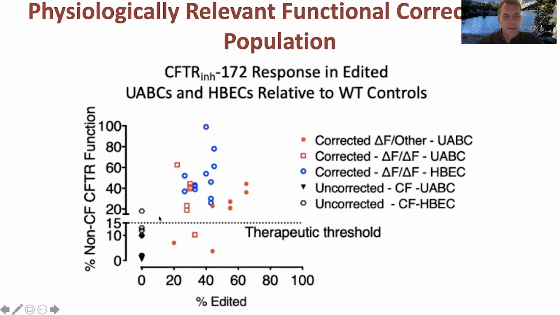And we can reach levels that are between 20 and 100% of wild-type levels. It is estimated by the physiologists and experts in the field that reaching a level of 15% of wild-type would be sufficient in an epithelium to dramatically change the course of this disease, if not cure it.